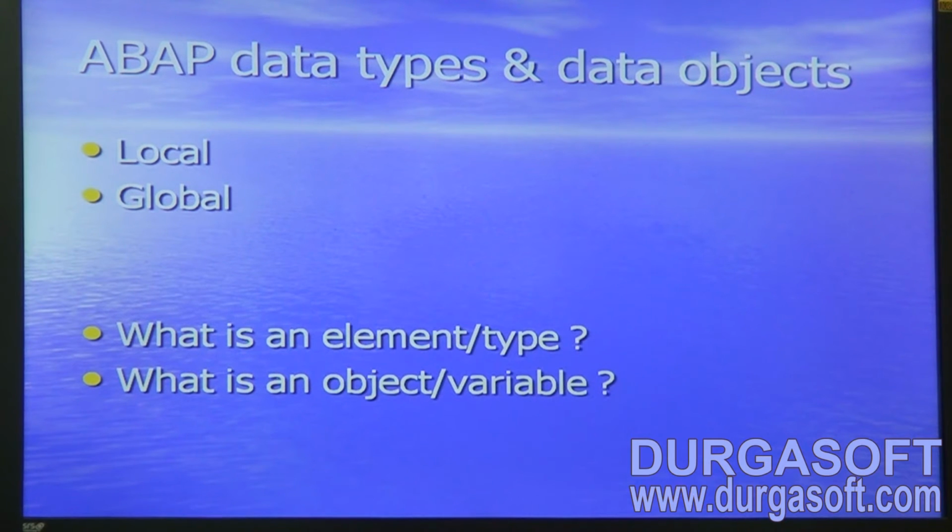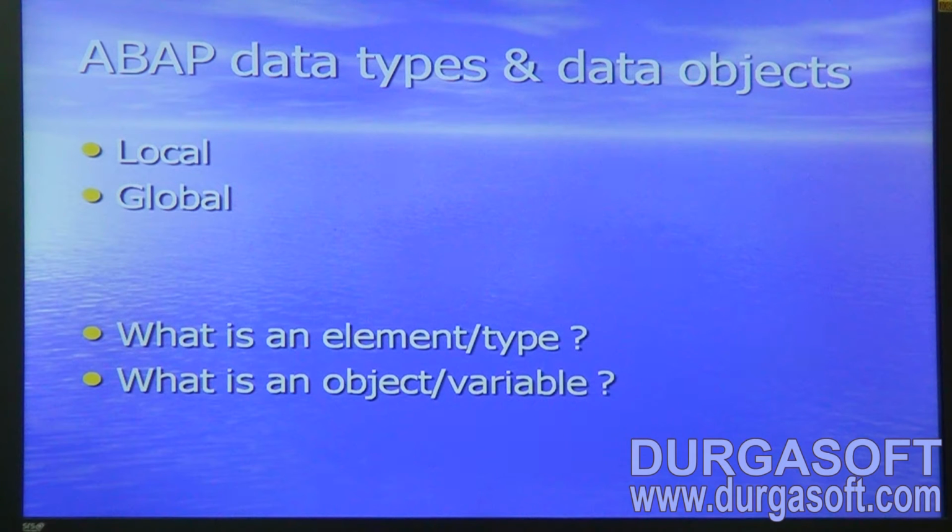The data types can also be divided into two parts: local and global. So what is the difference between local variables and global variables?